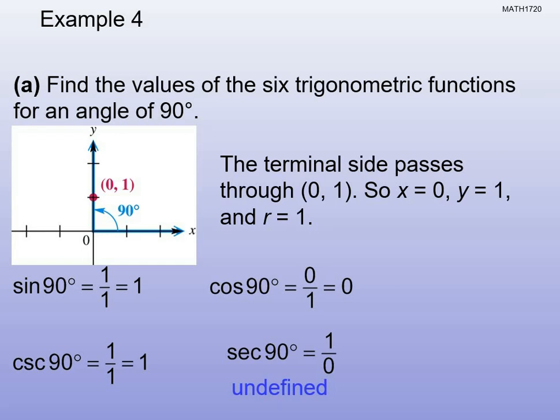What I'd like you to pay attention to before we move on to tangent and cotangent: I keep referring to sine as a vertical component and cosine as a horizontal component.